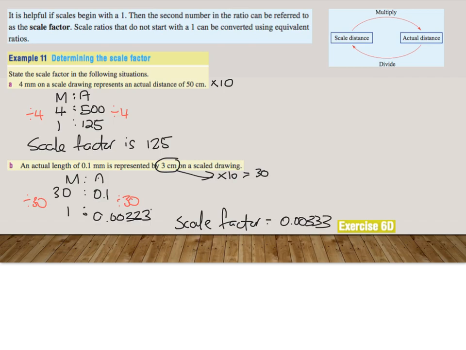Some calculators also give this answer as 1 over 300, which means that in actual life it will be 300 times smaller than what it is on the scale drawing.